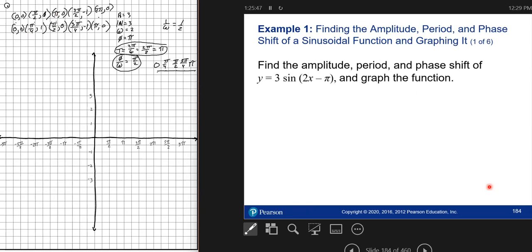Now, what happened here is this function, the graph of it, looks like this now. All right.